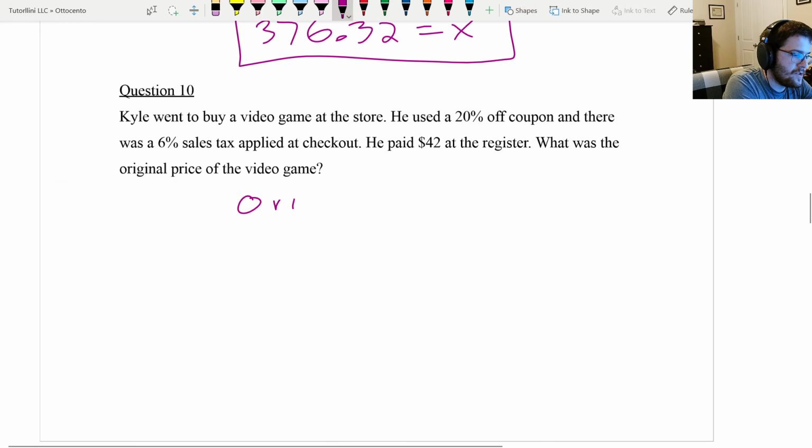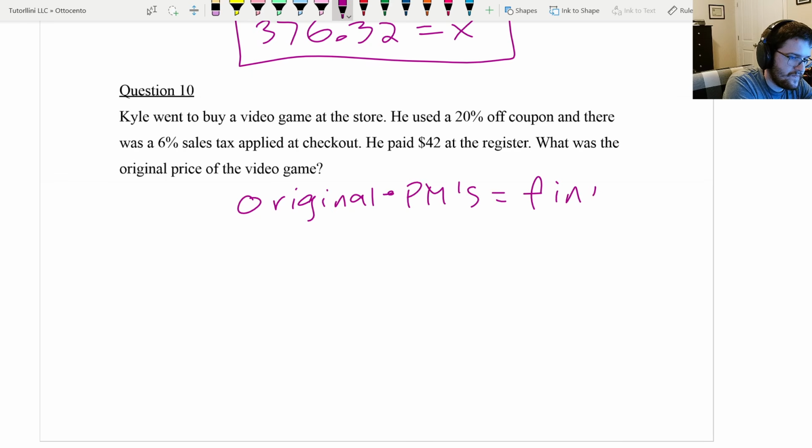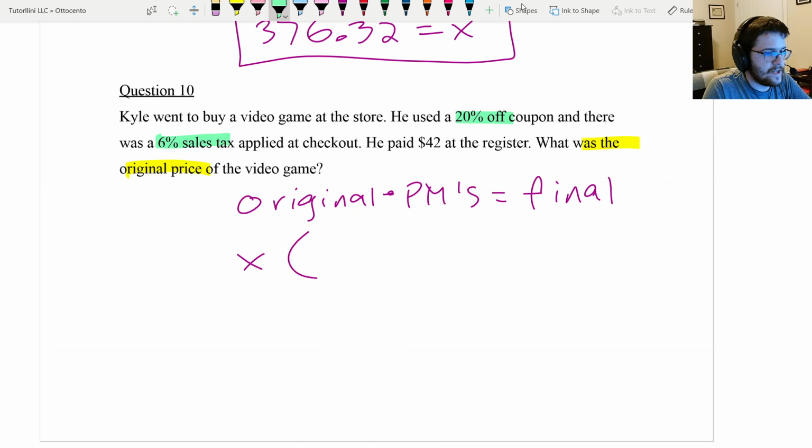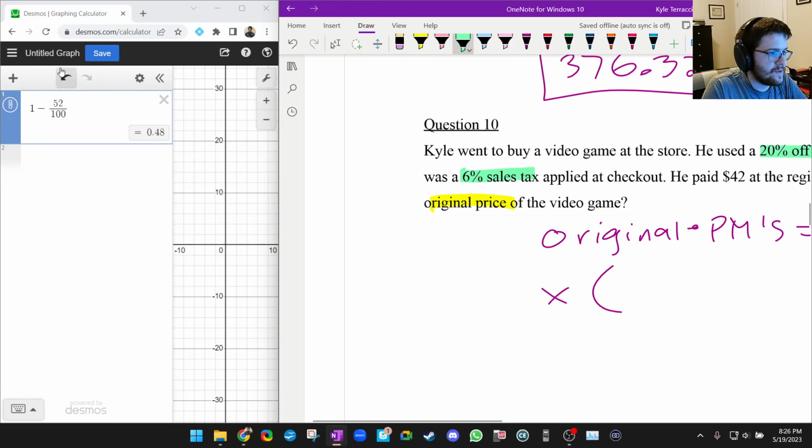All right. Okay, original times percent multipliers equals final. Okay, so the original price of the video game, we don't know. So we're going to put X. Then we have a 20% off coupon. That's a decrease. 6% sales tax. That's an increase. Let's figure out both of those.